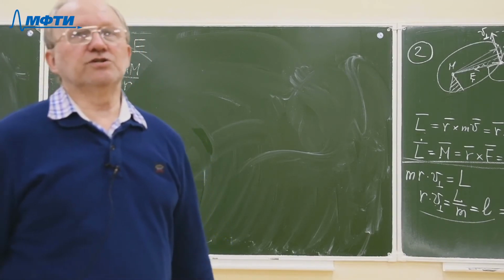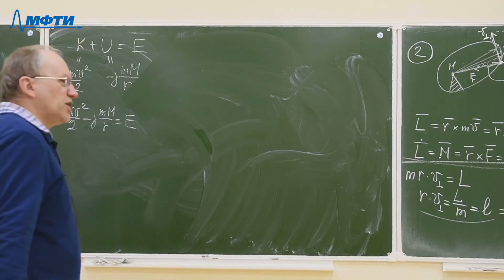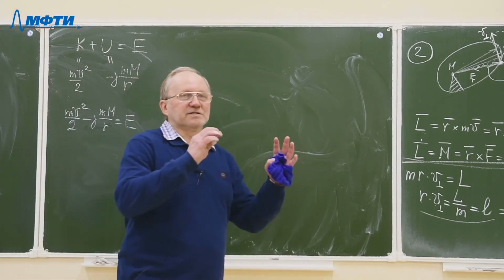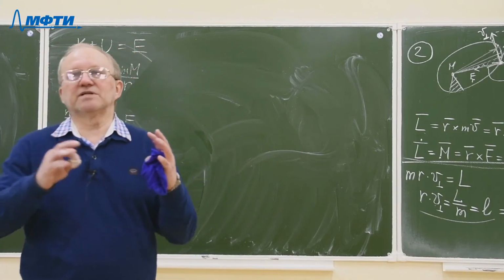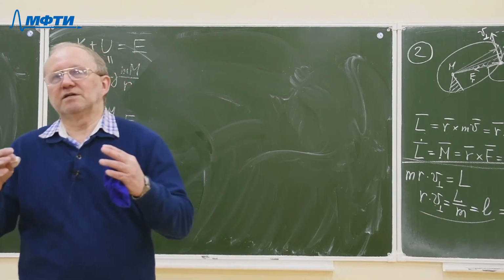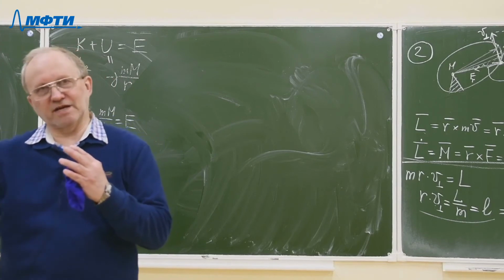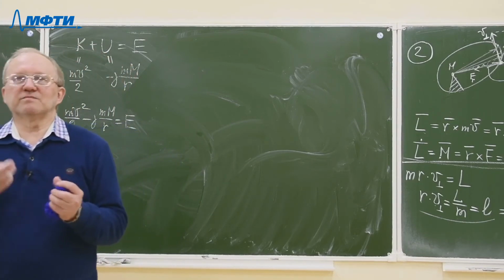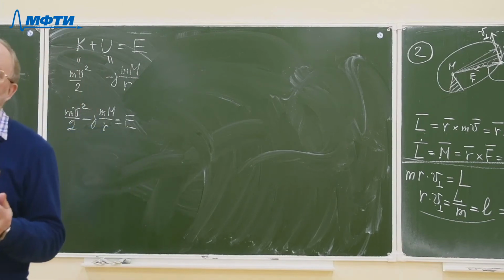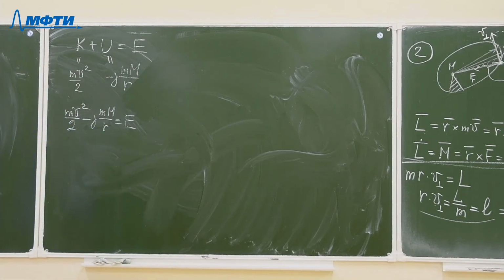And even if it changes, for example, some comet moves and its temperature is increased because the sun's rays hit this comet, it doesn't considerably change its trajectory. Its motion does not depend on the temperature of the planet.